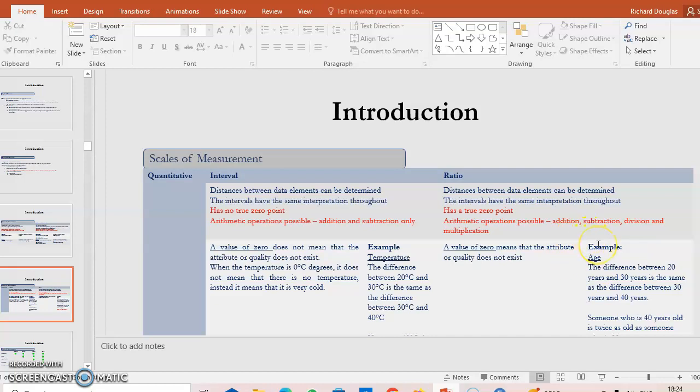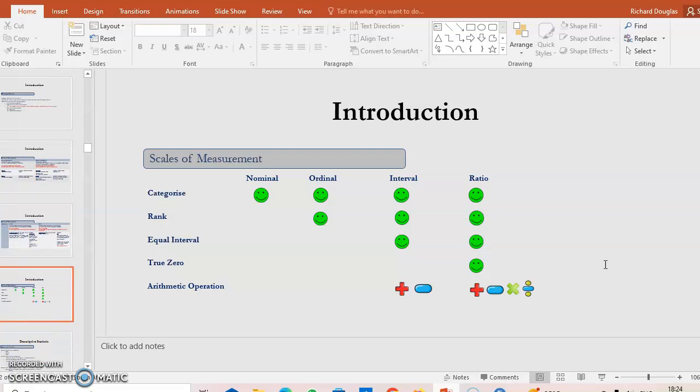So these are some of the examples of scales of measurement as they relate to qualitative and quantitative data.